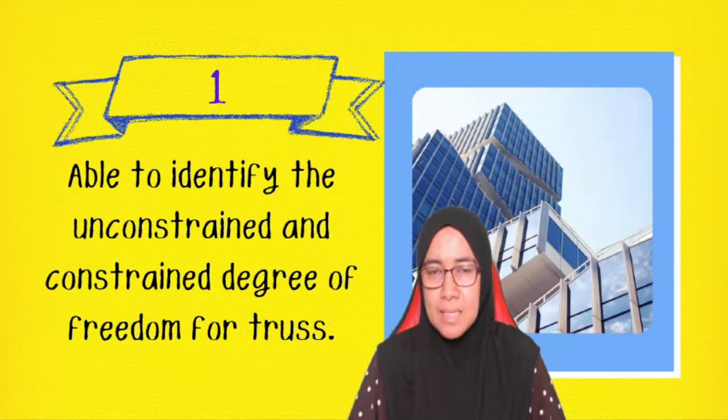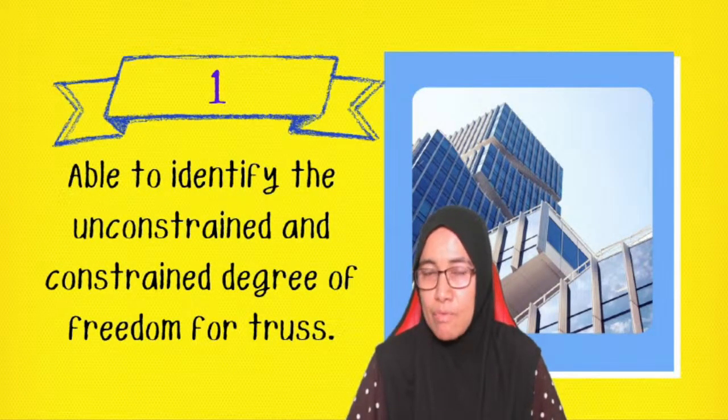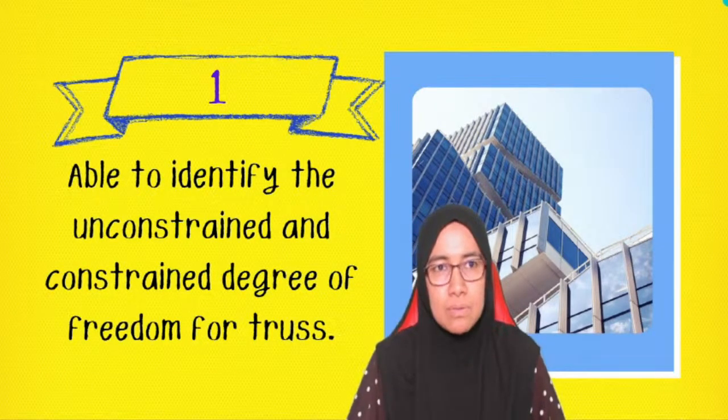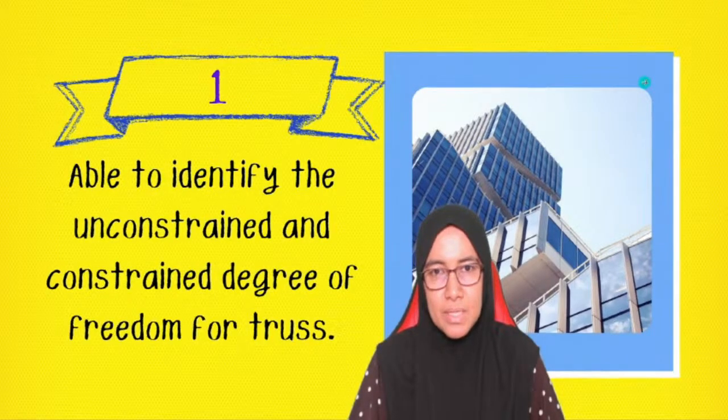Yesterday I discussed how we identify degrees of freedom: what a degree of freedom is and how we determine the number of constrained and unconstrained degrees of freedom. So we will continue to learning outcome number 2 for this session.